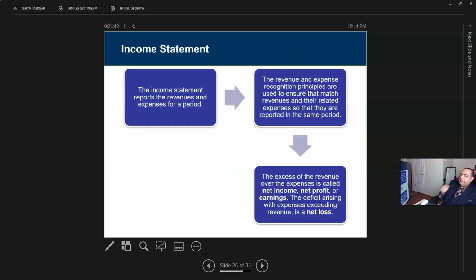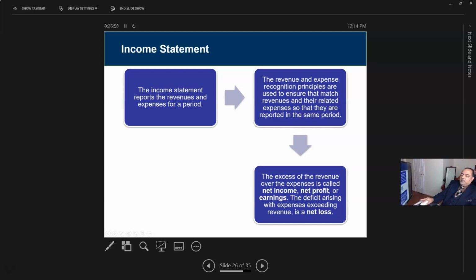As you can see, the income statement reports the revenues and expenses for the period. The revenue and expense recognition principles are used to ensure that we match the revenues and their related expenses so that they are reported in the same period.